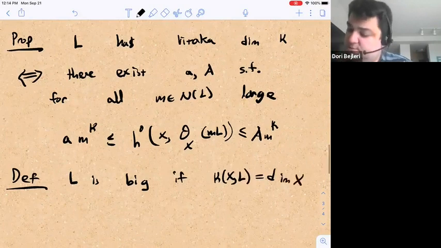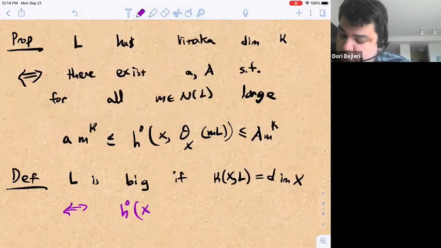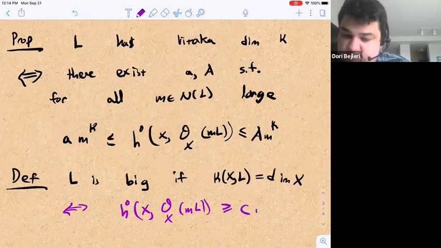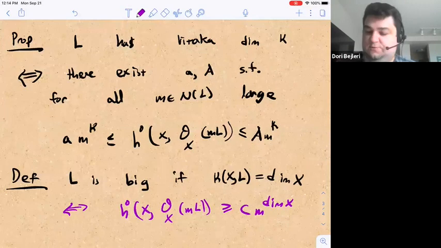Which by our proposition happens if and only if this has growth rate at least m to the dimension, but that's also the biggest growth rate you can have, so we just need one side of the inequality.